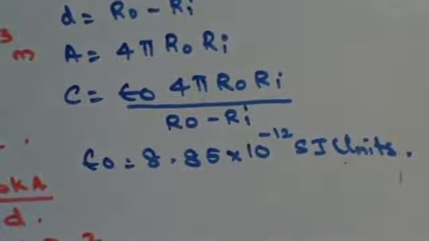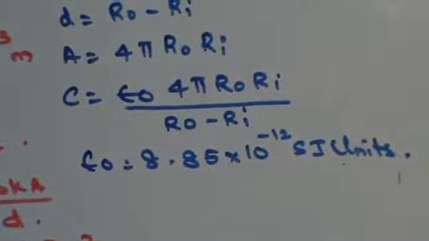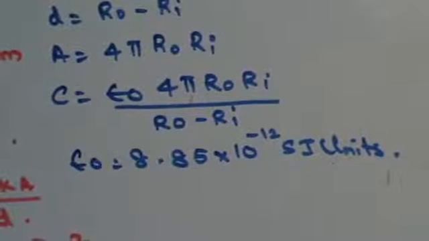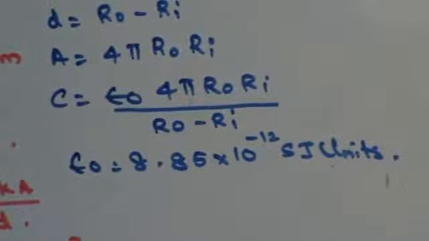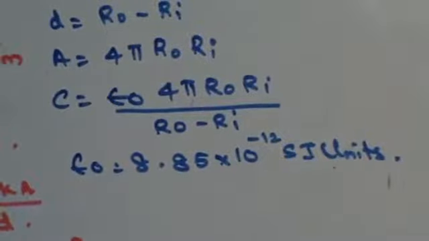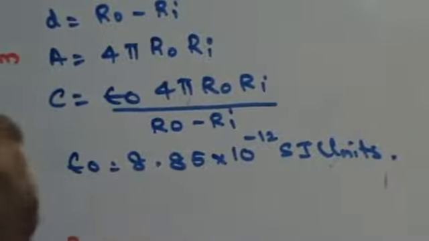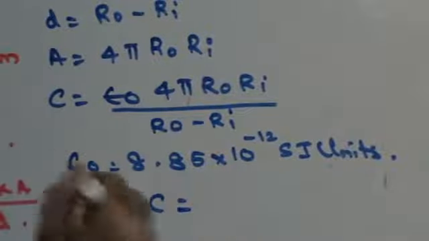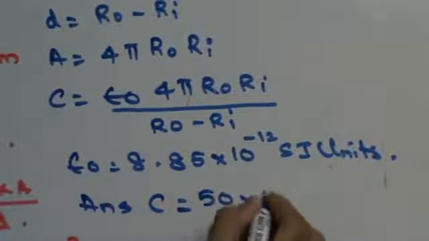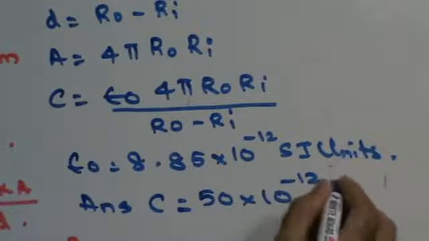So this is going to be 4 pi epsilon 0 R0 into Ri upon R0 minus Ri. When you solve this, you should get this answer as 50 into 10 raised to minus 12 farad.